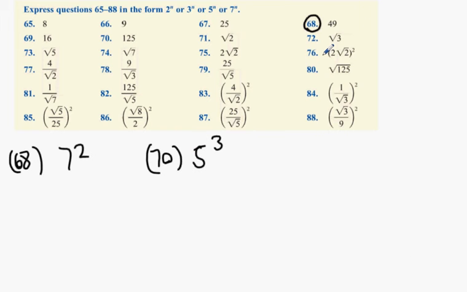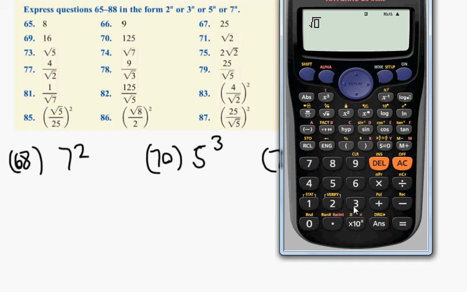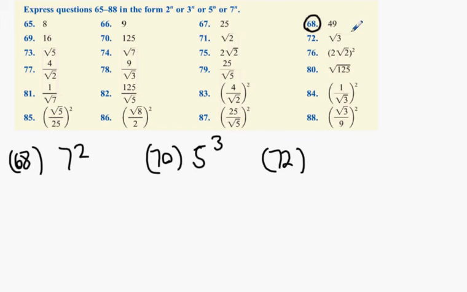Now, I'm going to go to 72, and all of a sudden at 72 I realise shift factorize doesn't work anymore. So, you have to use your memory now. Anytime you see a square root sign, it's the same thing as a power of a half. So, what we're going to get is 3 to the power of a half.